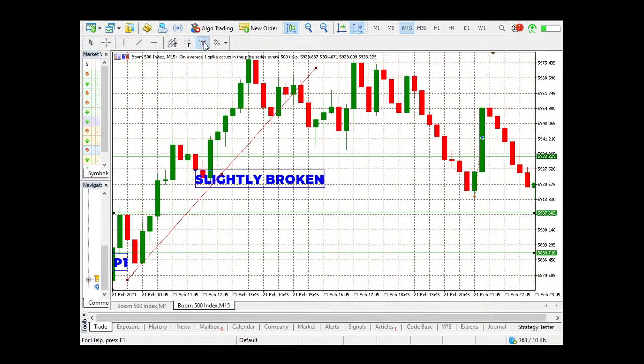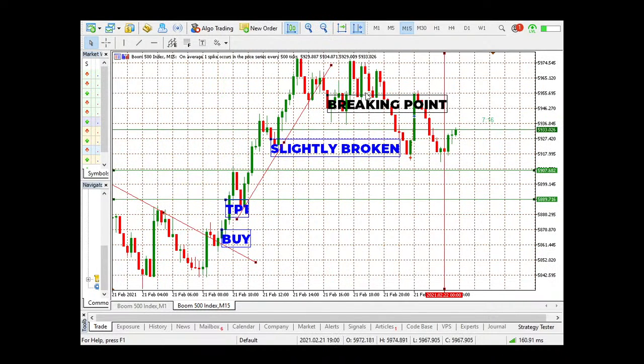This is where we see it broken. This is the breaking point. Once it breaks, we are confident that even if it spikes and we are in losses, it's going to come back down. So at this point, you can sell.